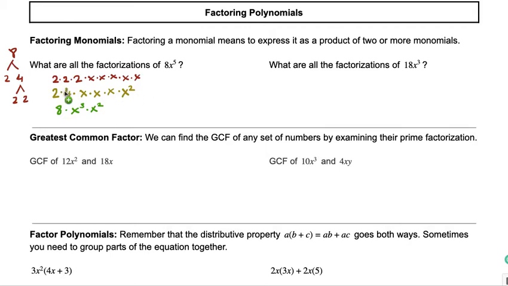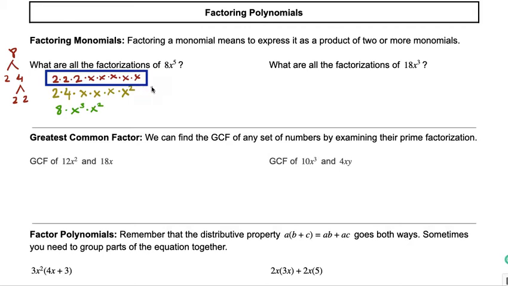The factorization that we're most interested in is this one right here, because that's the factorization that can help us do other stuff like getting the greatest common factor and pulling common factors out of polynomial expressions.